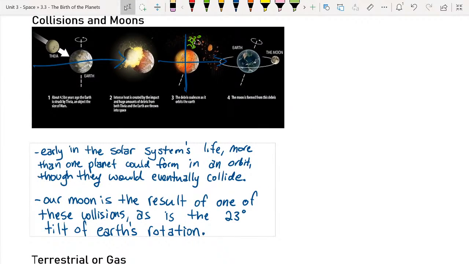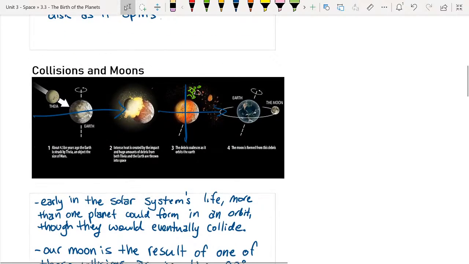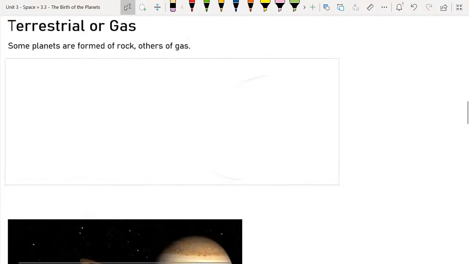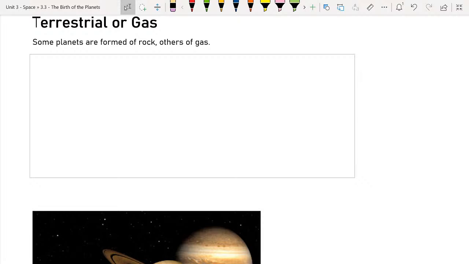So this process is all the thing. The creation of our solar system was a messy, chaotic, really energetic process. Lots going on there. Something to keep in mind. We said these clouds were gas and dust, right?